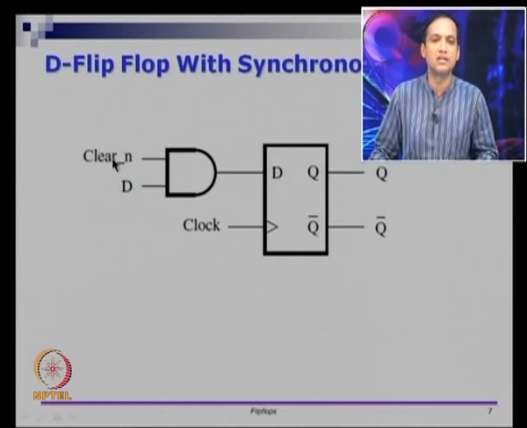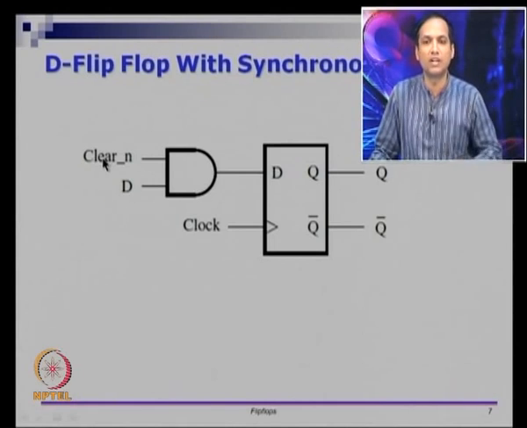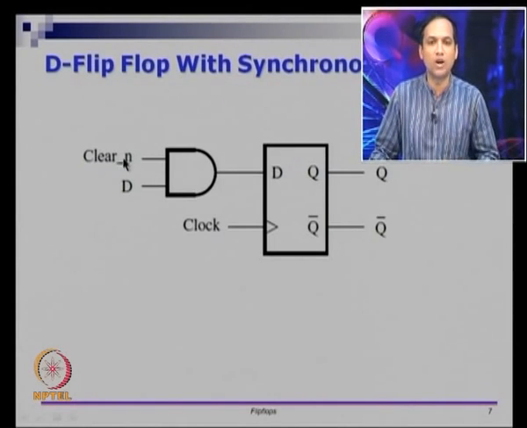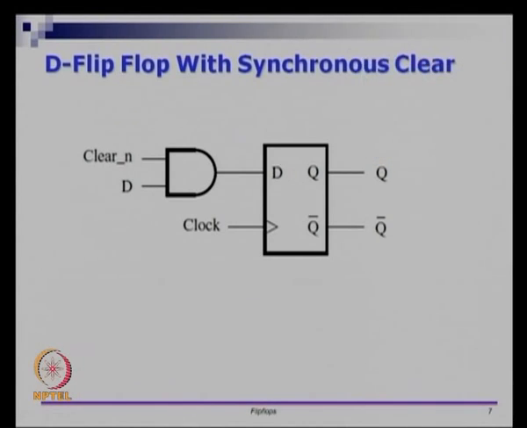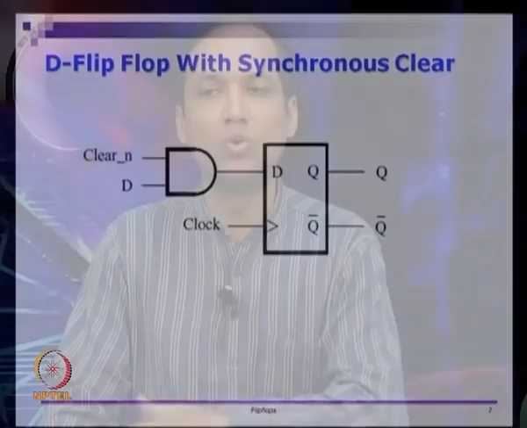However, if clear bar is 1, or clear is 0, it means you do not want to clear the flip flop. If clear bar is 1, D will come as input here and that is passed down to Q provided the flip flop catches it. So what we have is a D flip flop with a synchronous clear. So change in clear will not change Q unless there is a clock edge that comes and samples clear also. So D is a sampled signal always for a flip flop, clear is also sampled in this example, whereas in the previous example clear was not sampled.